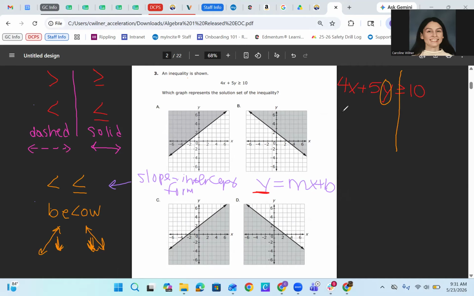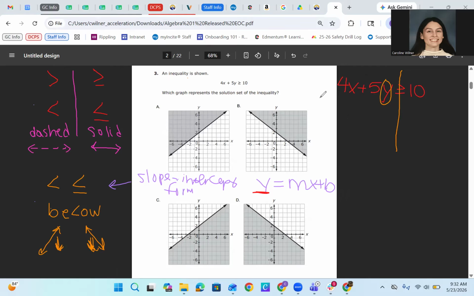Well, with moving here, the numbers directly attached to the letter, those act like best friends. Best friends want to stay together until the very end. I am not going to separate them, meaning I'm going to want to move this 4x first. I do not want to separate the 4 and the x. I just want to move it as a pair. Well, to see how it's being related to the y, you'll notice that plus sign, meaning they're being added together.